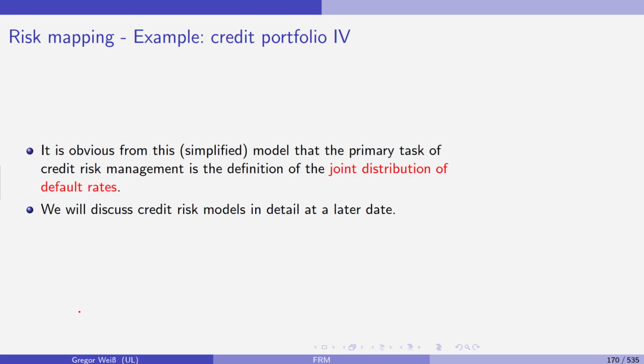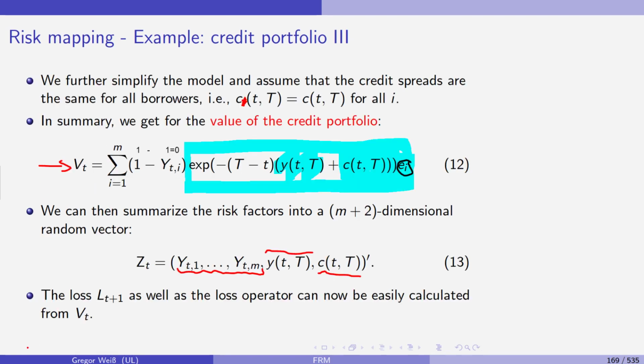Okay, so obviously, even from the simplified model, we need a joint distribution of default rates and maybe including the risk-free rate and the credit spreads. And this is what we'll discuss later on. But you can see you need the joint distribution of ZT, and this includes those default probabilities.